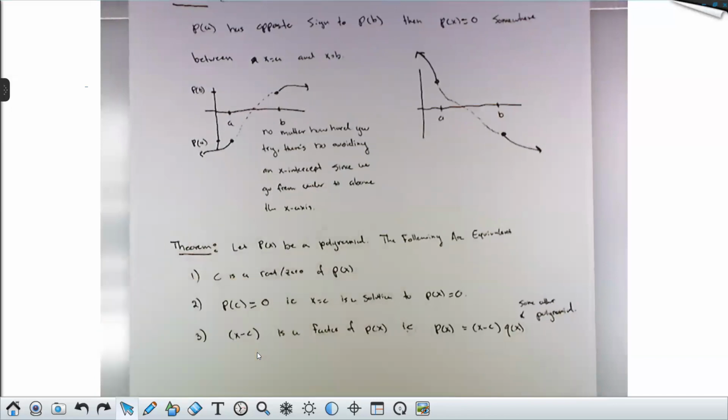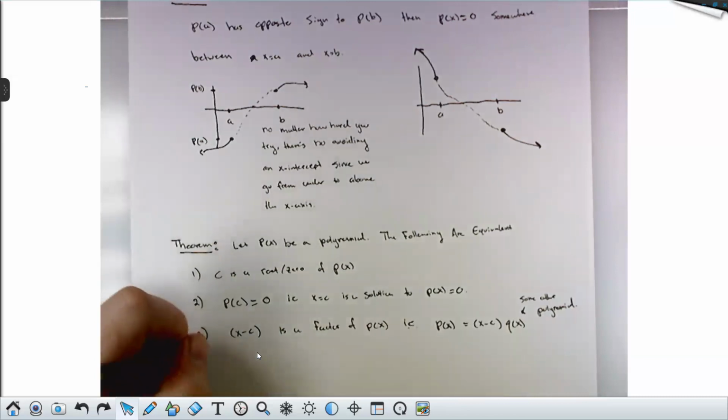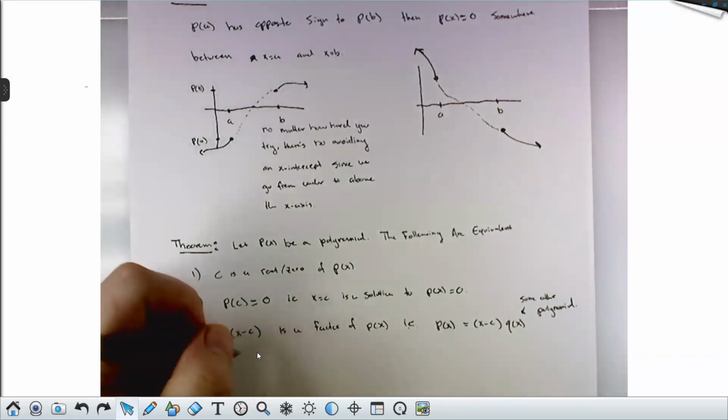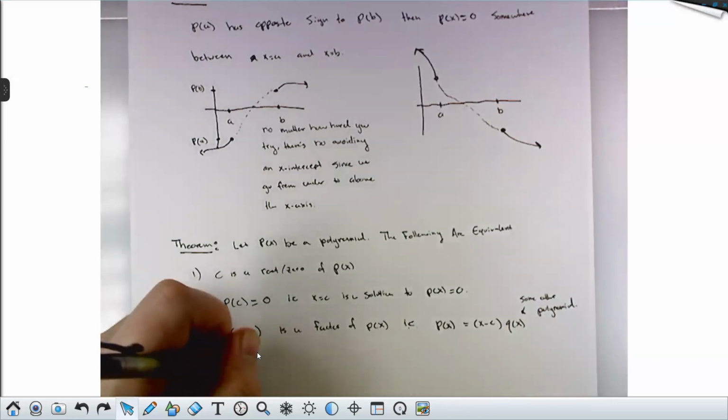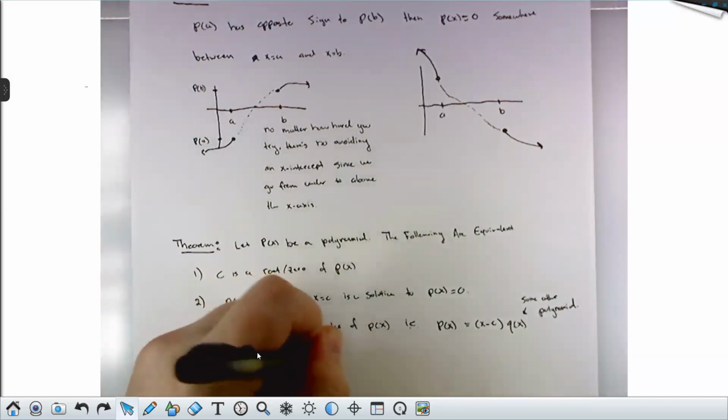Right, so a factor, like 3 is a factor of 24, because 24 can be written as 3 times 8. Or x minus 1 is a factor of x minus 1 times x plus 2. And then I suppose you could say the point c comma 0 is an x-intercept.